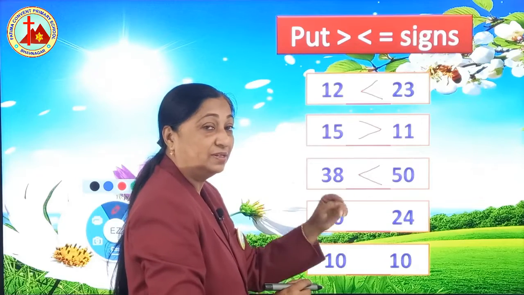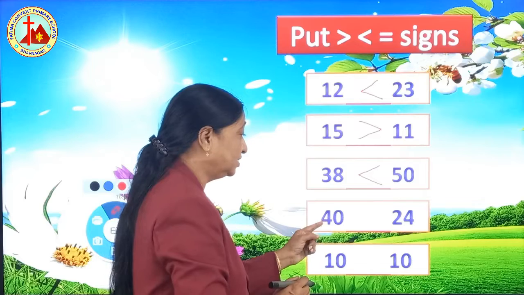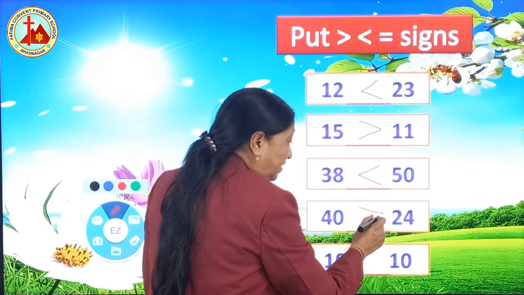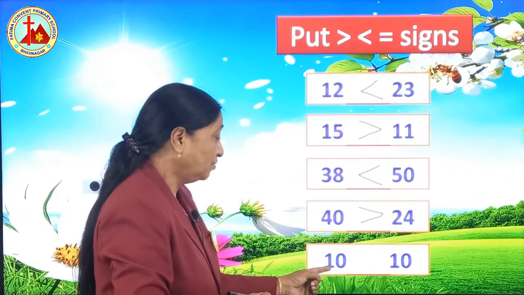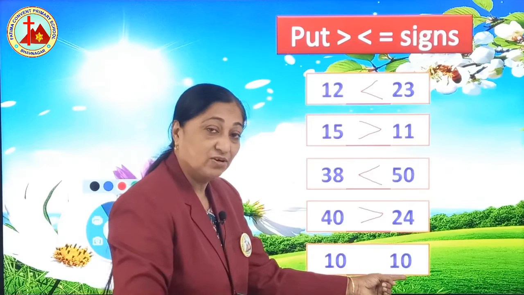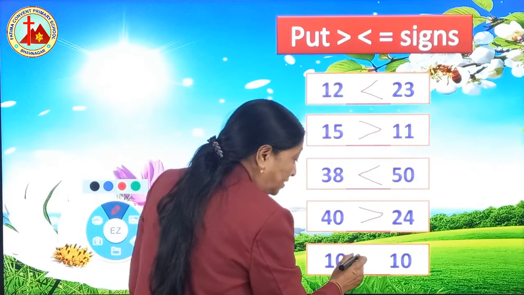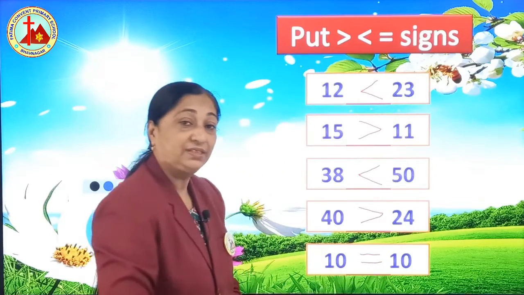Number 2. So whenever the first number is the smaller number, the number after is the greater. So 4 comes after the number 2. So 4 is greater. So 40 is greater than number 24. Now here 10 and here also 10. Both are similar numbers. So we cannot compare. So they both are same. 10 is equal to 10.